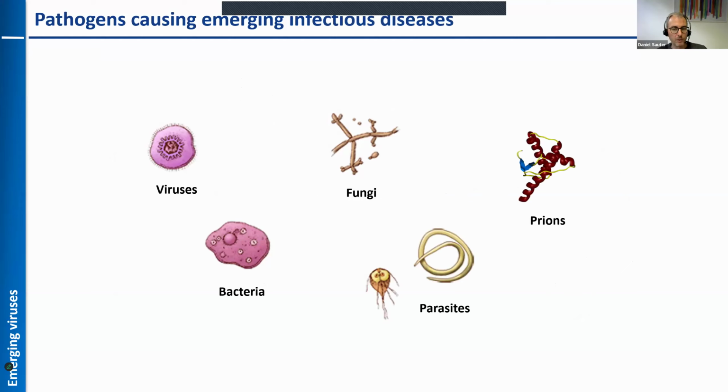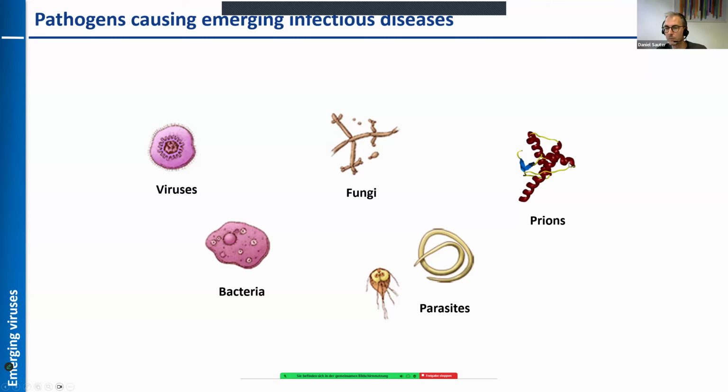And although we talk about viruses today, just keep in mind that there are different types of pathogens that can cause disease, and essentially most of them have the ability of causing emerging diseases. So apart from viruses, there are fungal infections, bacterial infections, parasites, and prion diseases, all of which can cause disease and may newly emerge.